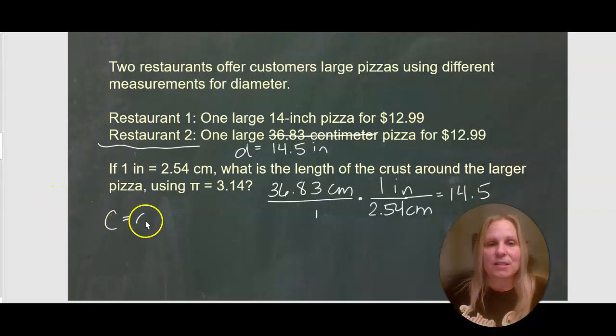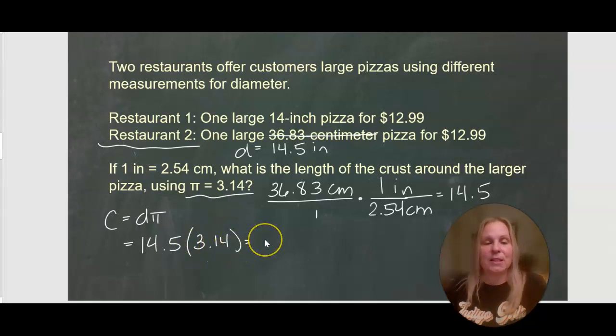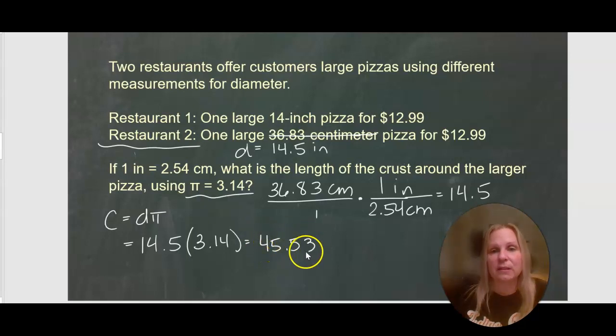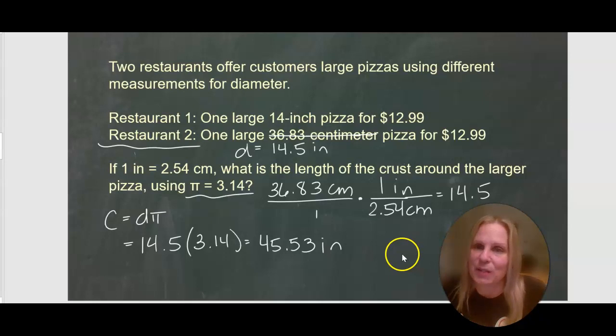Circumference is d pi. My diameter is 14.5, and they tell me to use 3.14. 14.5 times 3.14 is 45.53 inches. We converted to inches. So that is the length of the crust around the larger pizza.